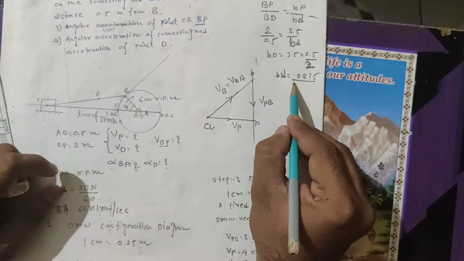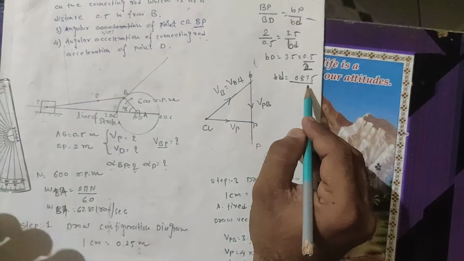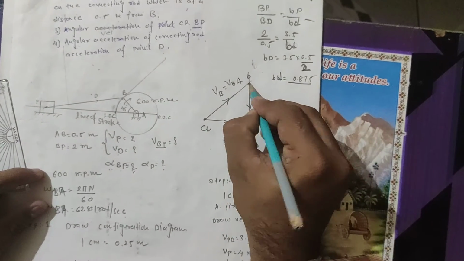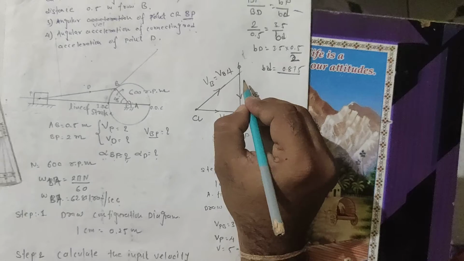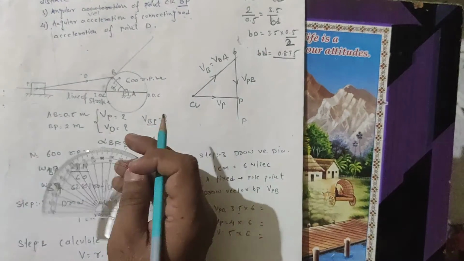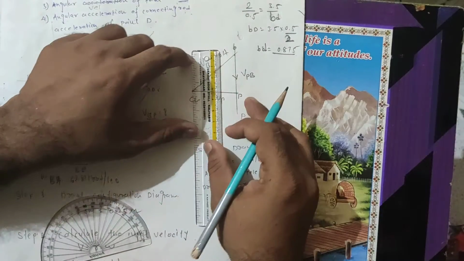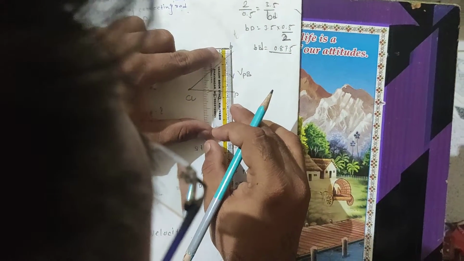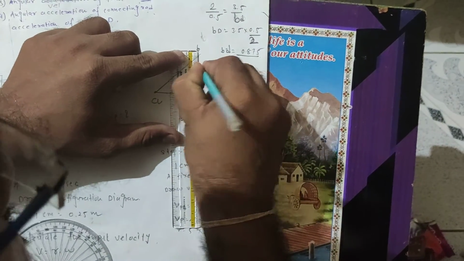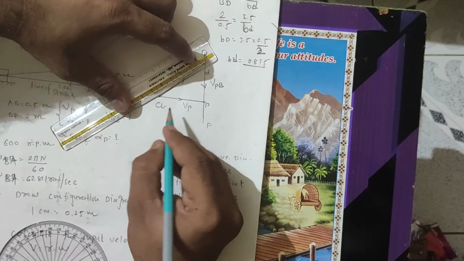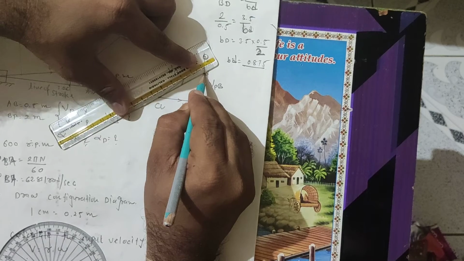This BD value that we find by using a calculator is 0.875. So from this we measure 0.8 on the scale. That is somewhere over here, that is point D, and from A we have to join from the fixed point.